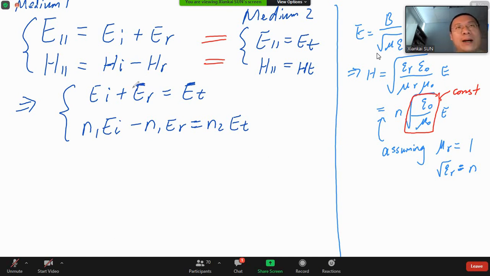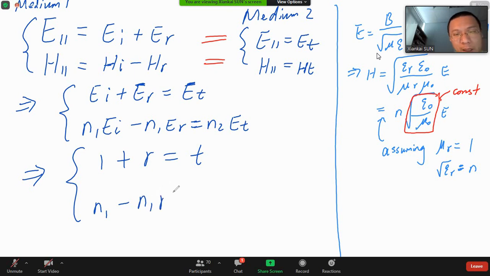Alright, then we divide EI on both hand sides. So this becomes 1 plus R equal to T. The second one, N1 minus N1 R equal to N2 T. Okay?